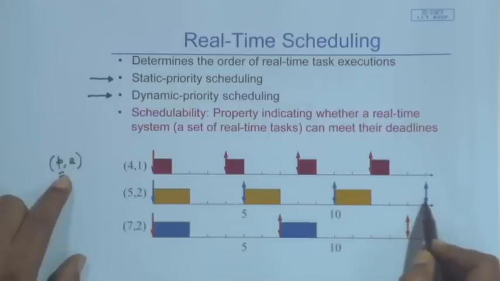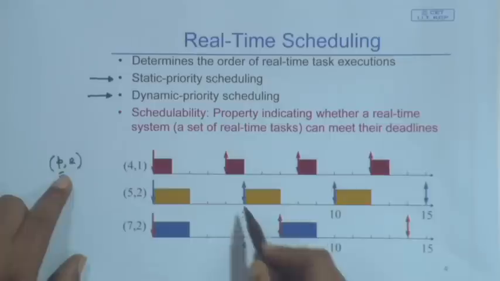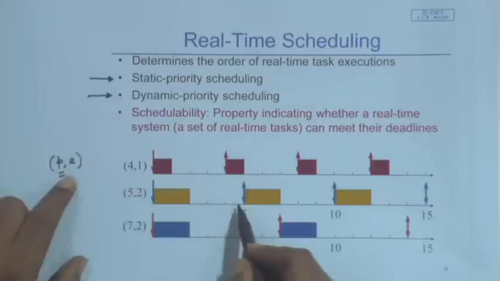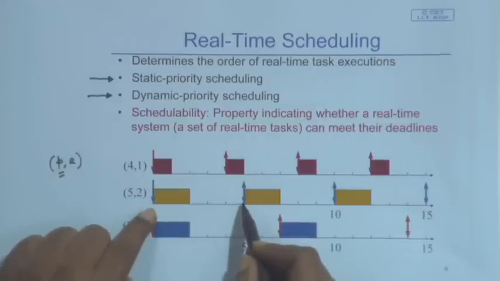Okay. And why are these arrows bidirectional? The reason is, this is also their deadline. The period and the deadline of the jobs are the same. For the second job, it must complete within the period, otherwise the second instance of this job will appear. This is a simplistic scenario.